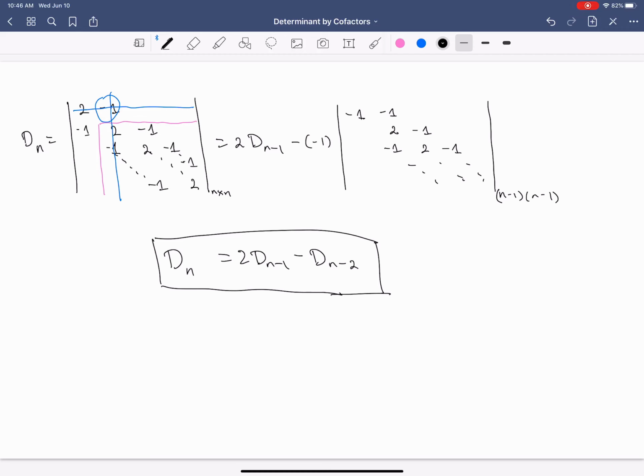So this recursive relationship is very important and it comes up very frequently in computer science, for example. So computers would love such a relationship where you don't really have to compute determinants. The pivots also give us a formula, but this is quite convenient.